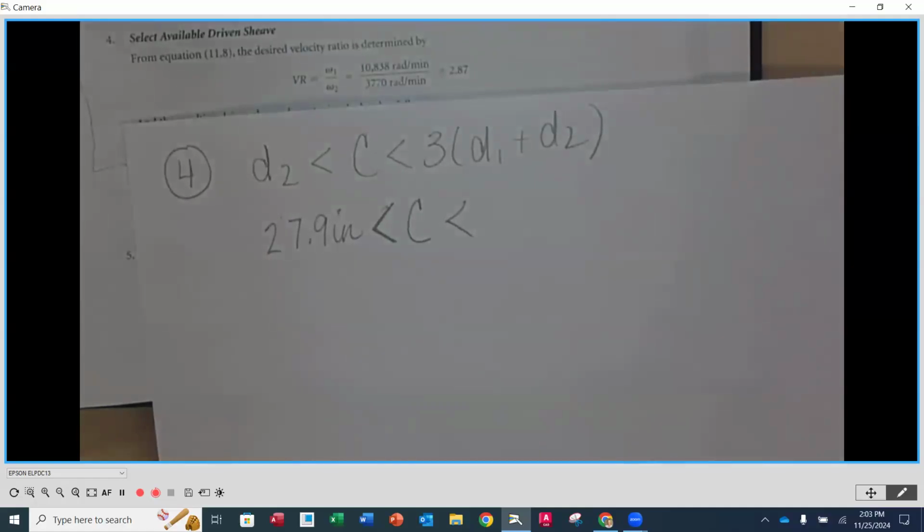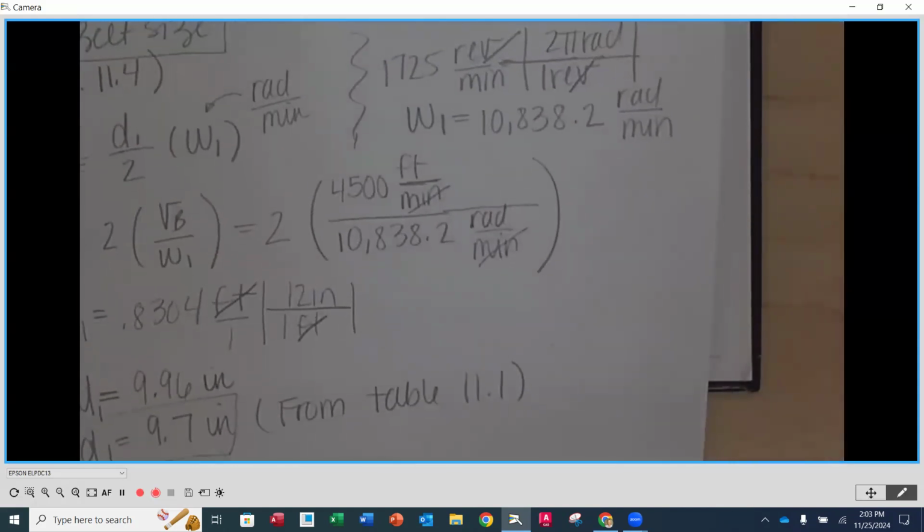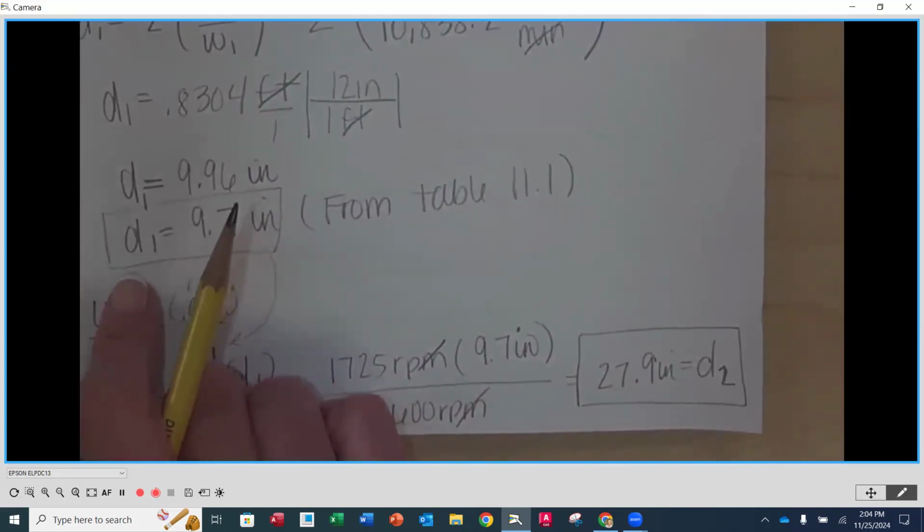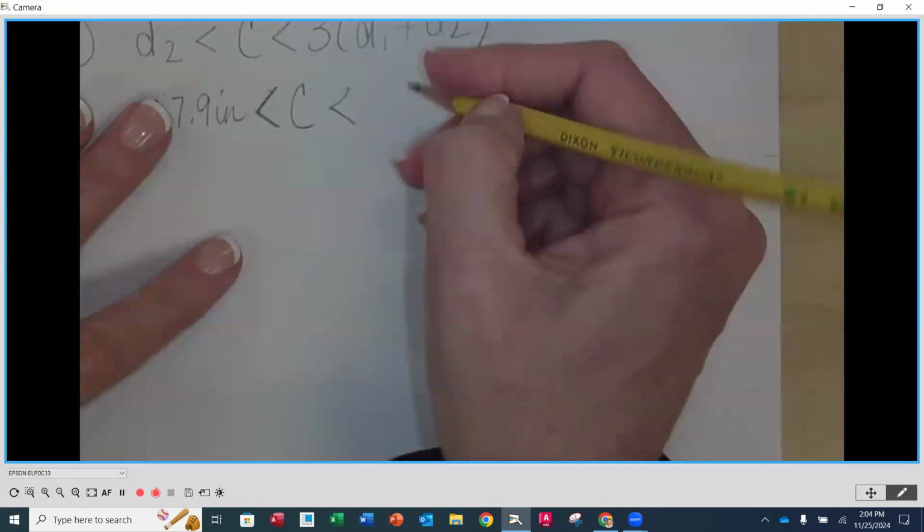So 27.9, and our D1 was 9.7. We're going to add those 2 together, and then multiply by 3. Do you get 112.8-ish?